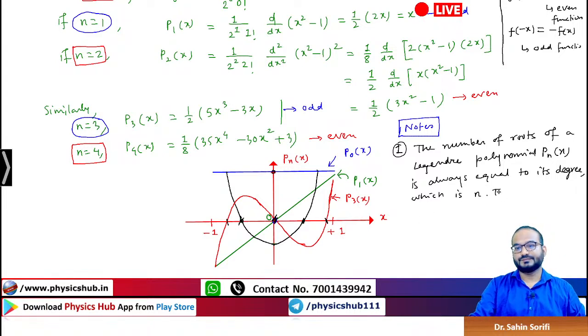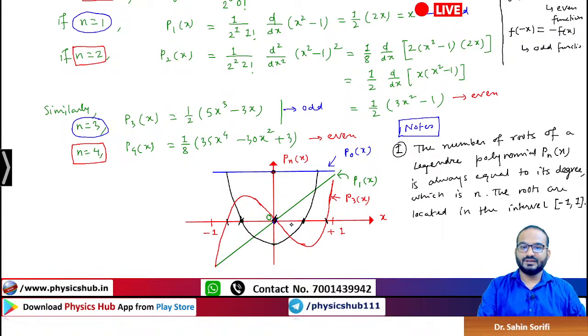The roots are located in the interval plus minus 1, minus 1 to plus 1, and as you can see they are symmetrically distributed about the origin.